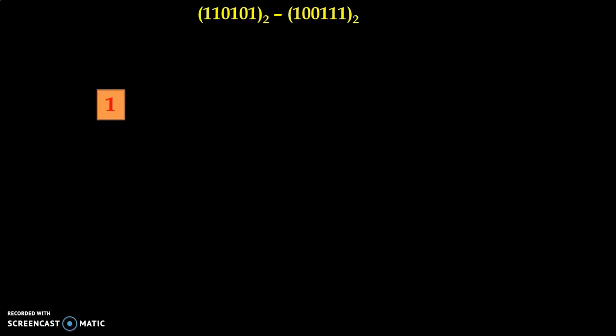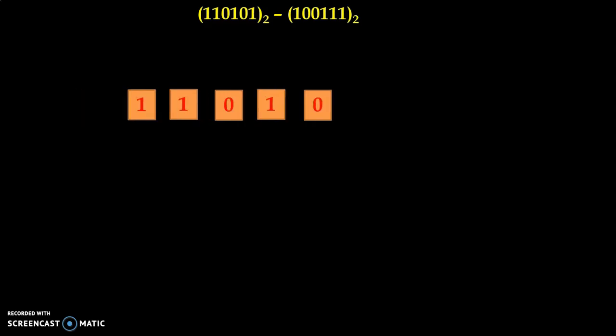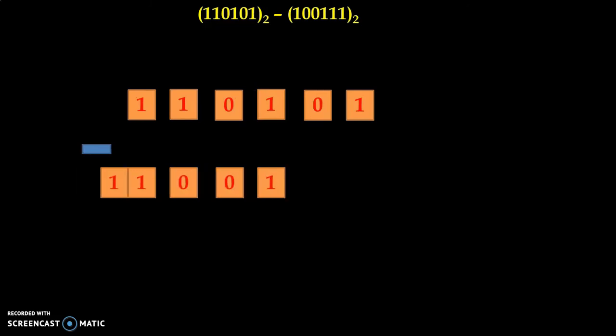So let us start. 110101 minus 100111. Both the values have 6 bits, so there is no need to match at the least significant bit. It is automatically matched. But when we have different bits in both the values, then we have to match at the least significant side. This is very important.